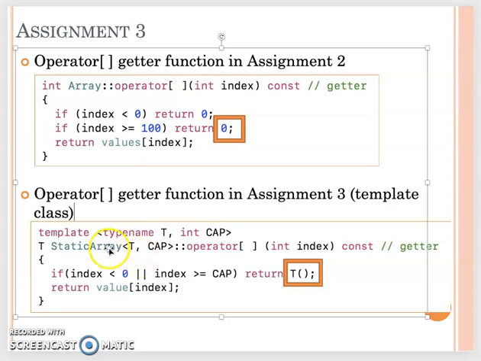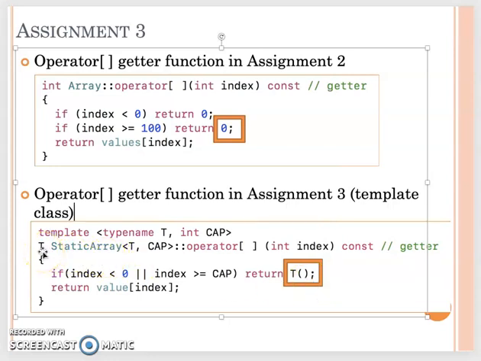So when we want to return a T object, here we cannot return 0 because the data type is different. The easier way is we just return T parentheses. To be more detailed, T parentheses is called the default constructor for the object we will return.